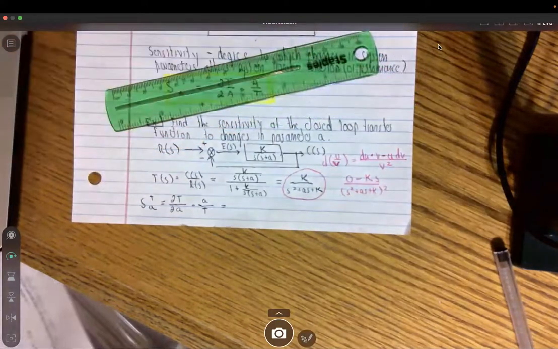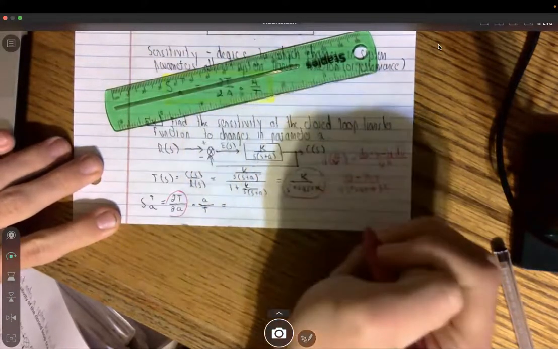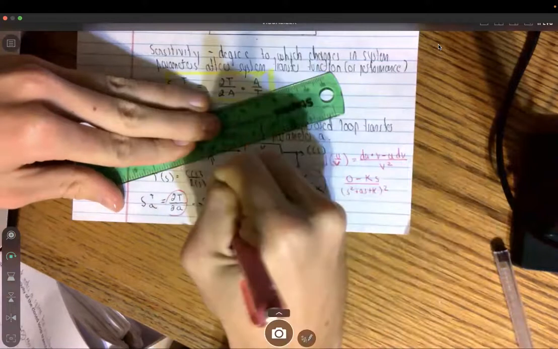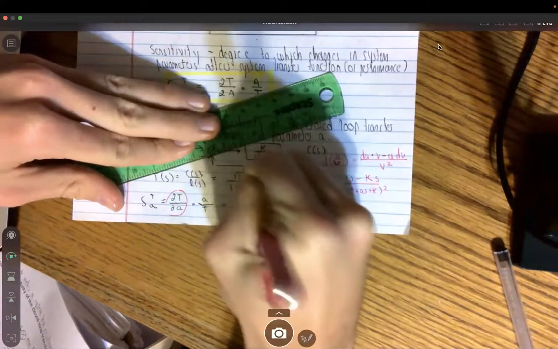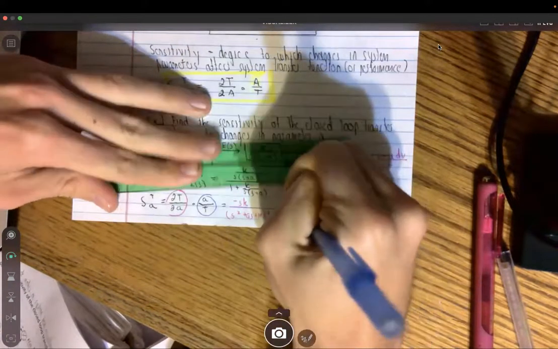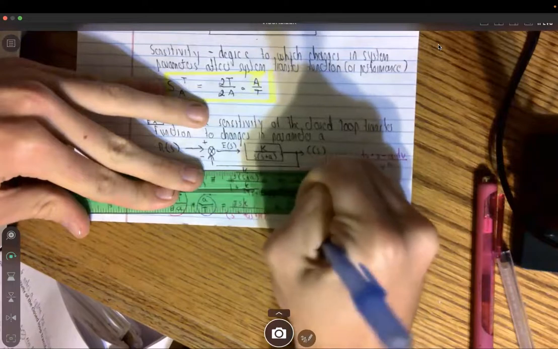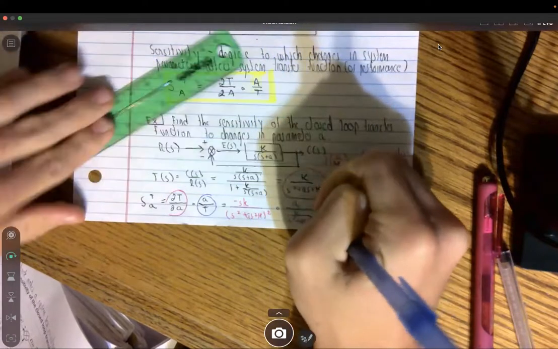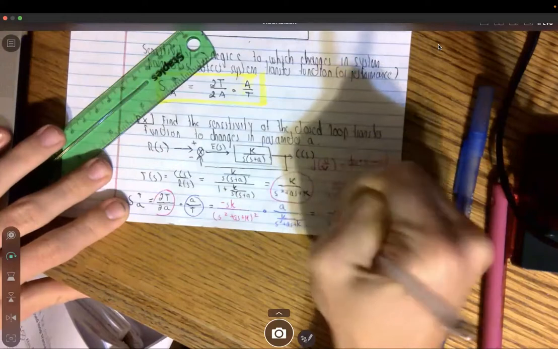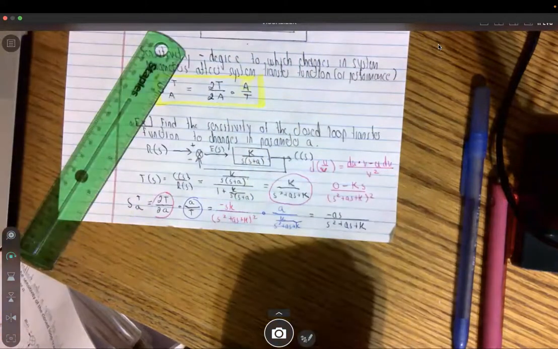And so with this, plugging in specifically for this part here, we're going to have our negative S times K all over, and then here we're going to have our S squared plus AS plus K, squared, and then times A over T. This one's going to be multiplied by A, and our transfer function here we determined was K over S squared plus AS plus K. Okay, and then when you solve for this and simplify the result, your answer is going to be negative AS over S squared plus AS plus K. That will be the result.